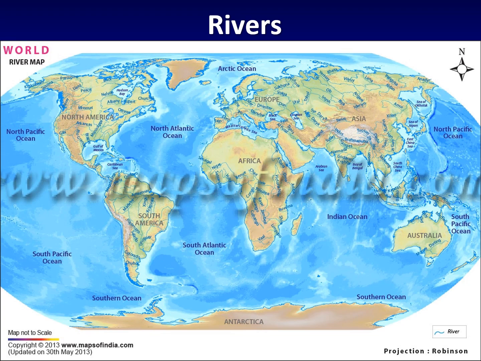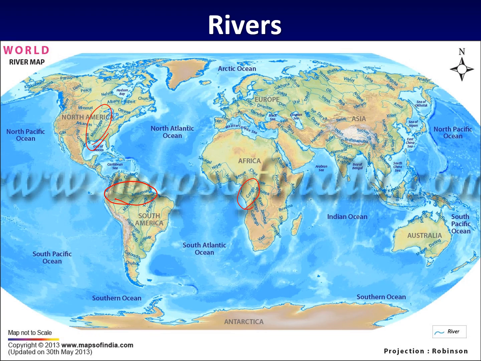Here's a world map of the rivers, just kind of putting things in context. You got the Mississippi over here in the northern part of North America, the Congo that I mentioned before down here in the central part of Africa, where they get a lot of rain. The Amazon, of course, all the way across the northern part of South America in that tropical rainforest area.